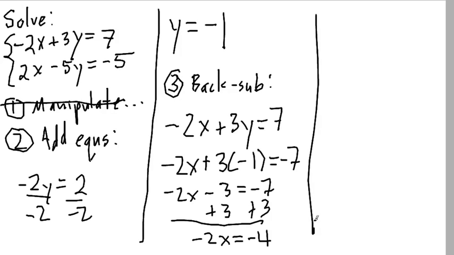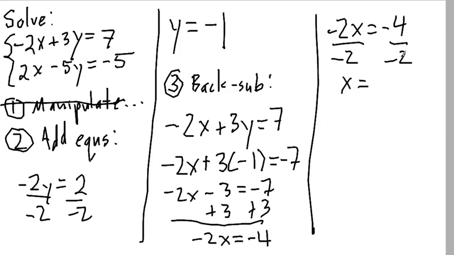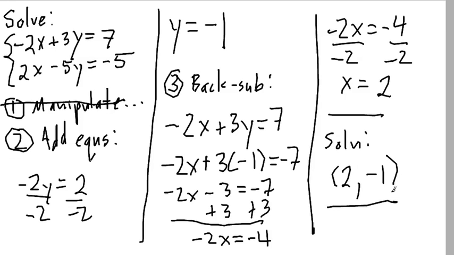Let me rewrite this up here. Negative 2x is equal to 4. I divide both sides by negative 2, and that gives me x is equal to 4 divided by 2 is 2. Negative divided by negative is positive, so x is 2. And my solution is 2 comma negative 1. That is my final answer.